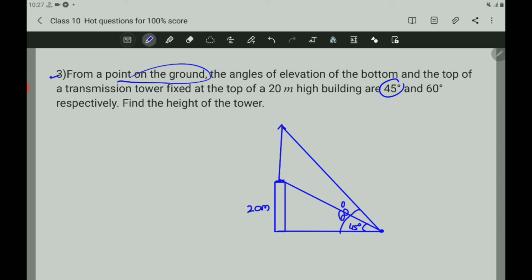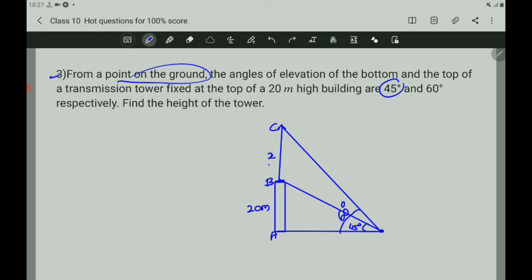Now what we have to find out? We have to find the height of the tower. Consider, let x be the height of the tower, and take the points A, B, C, and the height of the building is here 20 meter.